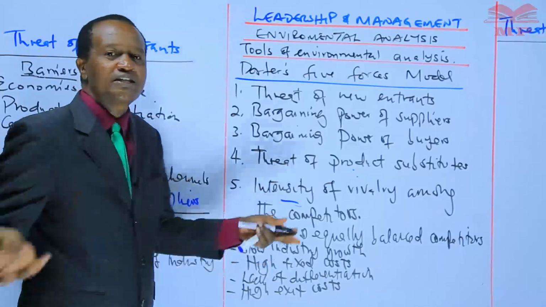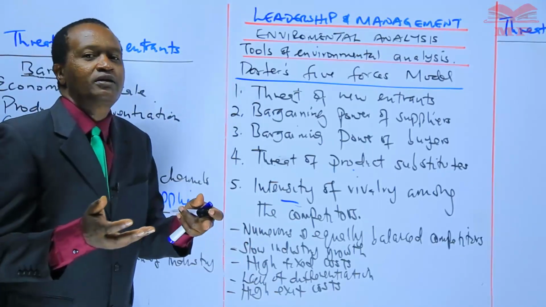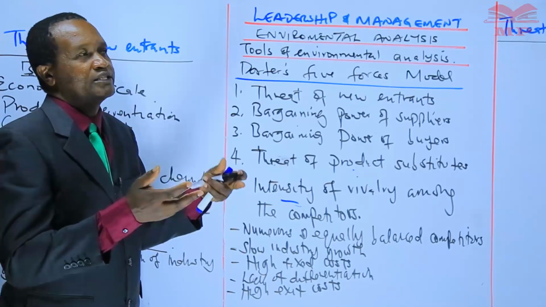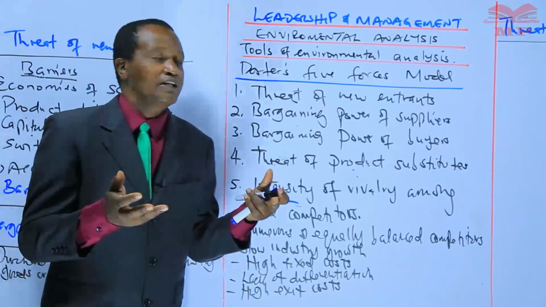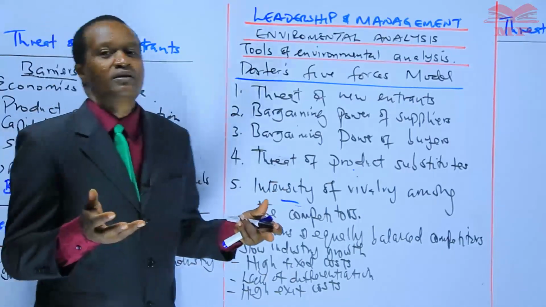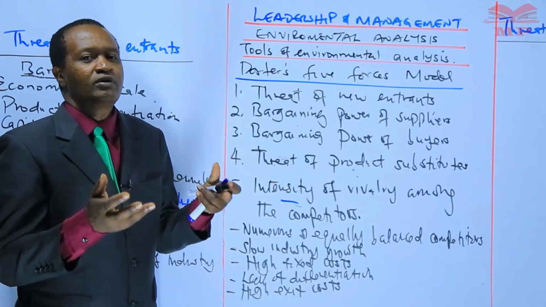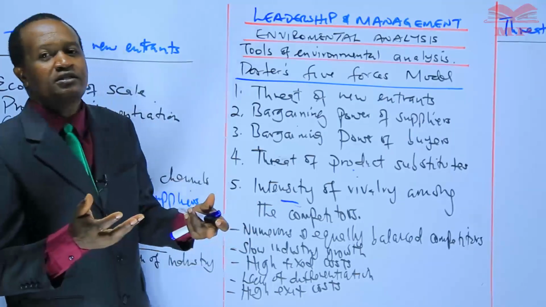So you may have exit barriers, especially, we've seen some industries like the airline industry where exit barriers are very high, and where you have companies that have specialized assets.